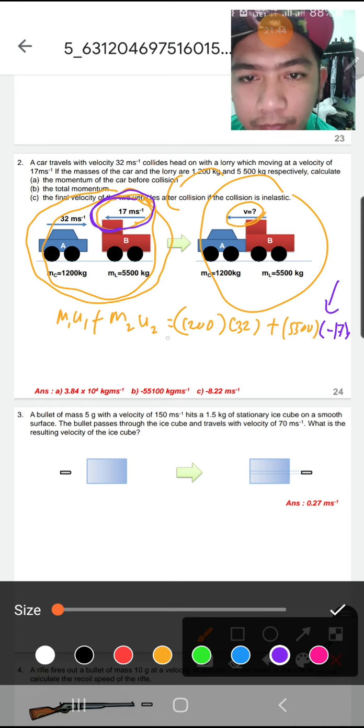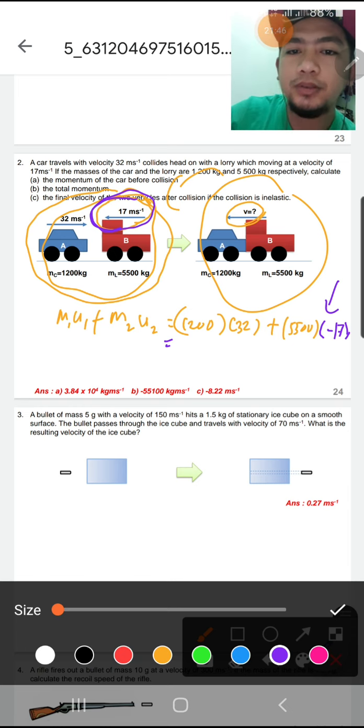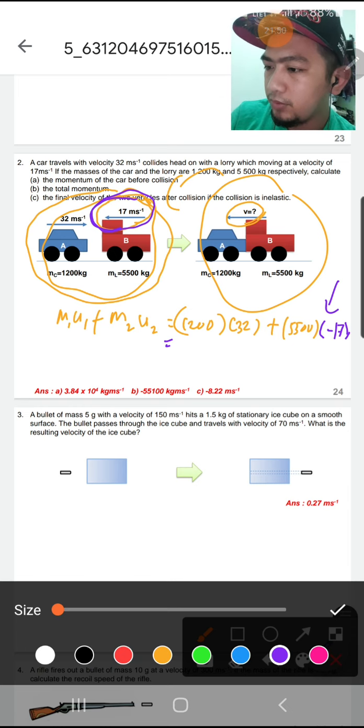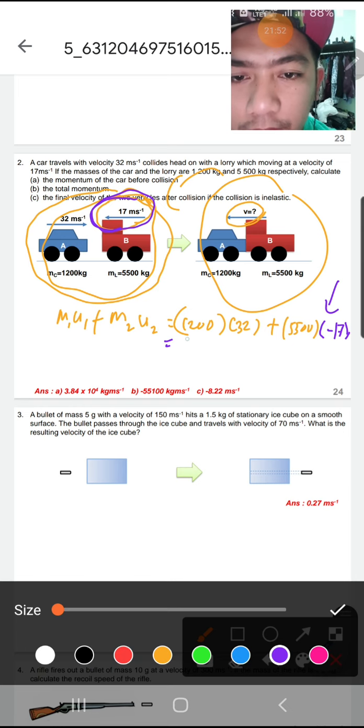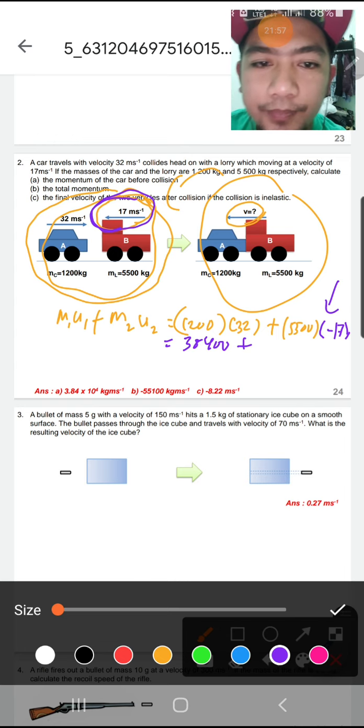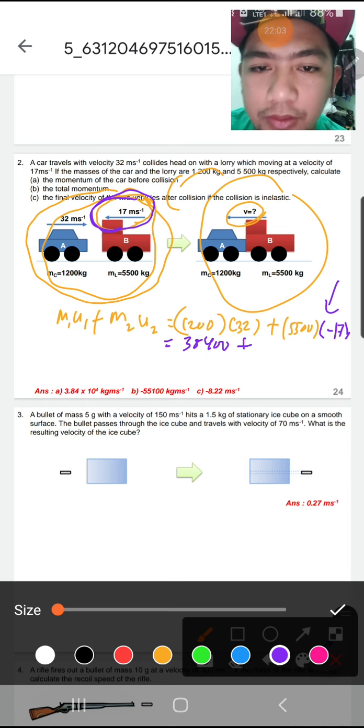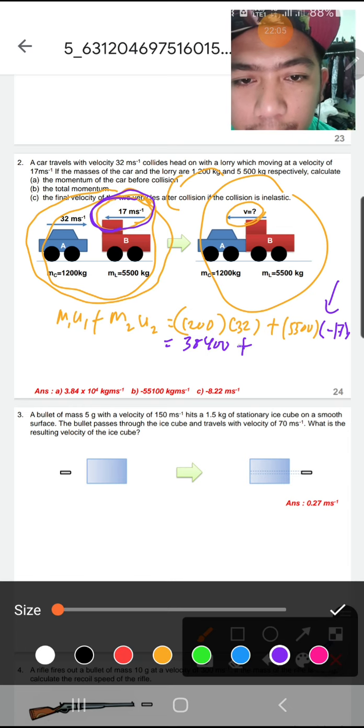Okay, so 1000 times 32, already calculated, plus 5500 times negative 17, so you will get plus negative 93,500.